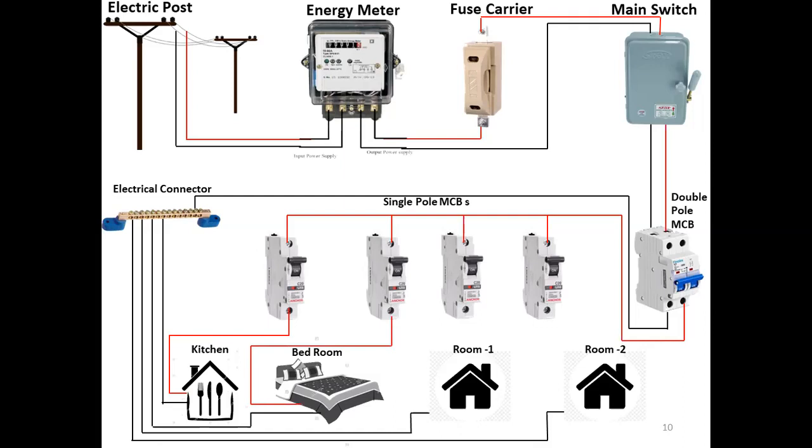Again, in the bedroom we have so many loads, lamp, fan, etc. Nowadays in the bedroom they are using one load controlled by two switches. For example, your bedroom lamp can be controlled at two positions. Either near your bed, you can control your lamp, or at the switchboard, right?